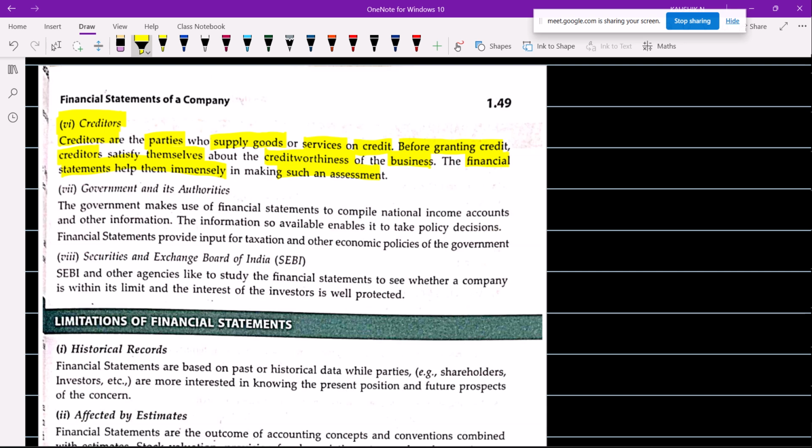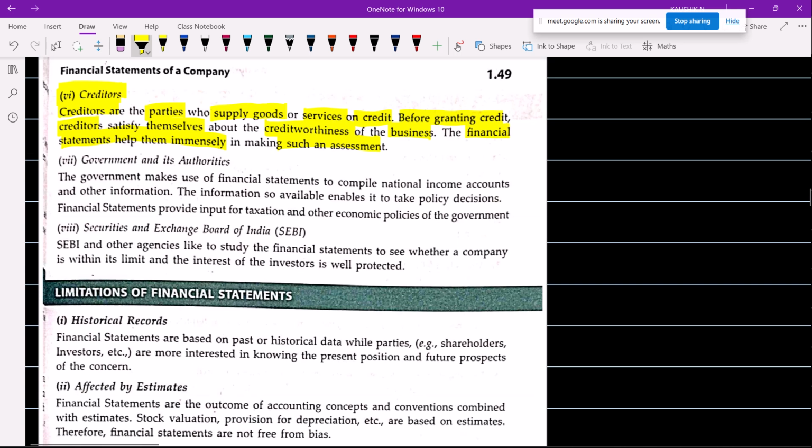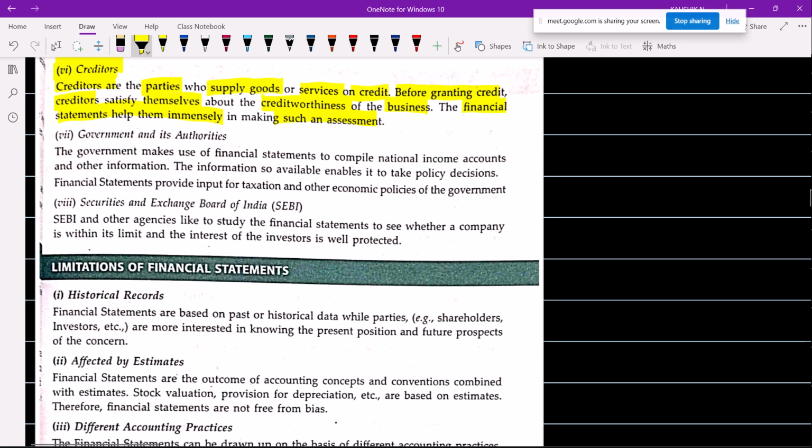So the creditors will satisfy themselves by knowing the creditworthiness of the business. The financial statements help them understand the creditworthiness of an enterprise, making such an assessment meaningful.